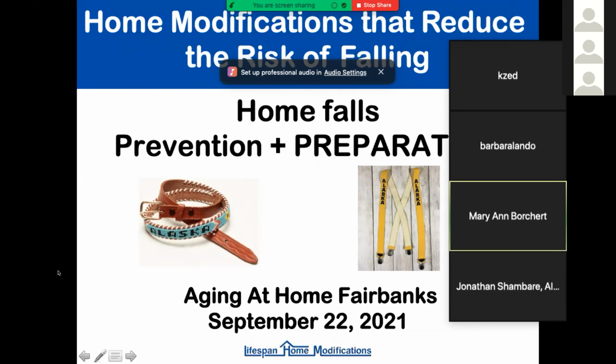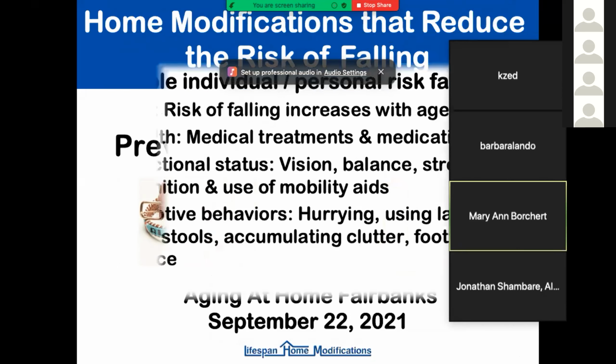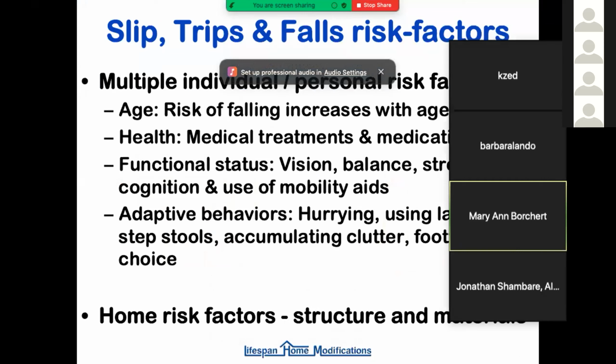Yes. Okay, all right. So we're going to take a belt and suspenders approach with this topic. We like to prevent falls if we can, but be prepared for them if they do happen. And as you've learned from other speakers you've had, there are many reasons for slips, trips, and falls. There are a lot of individual and personal reasons.